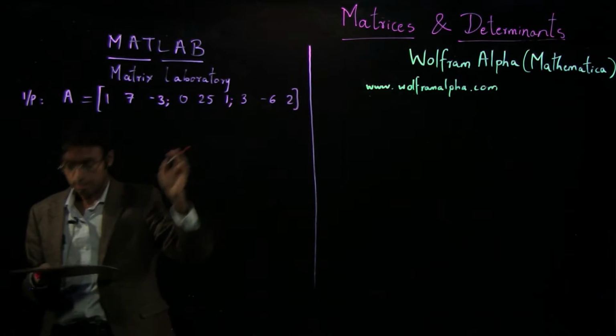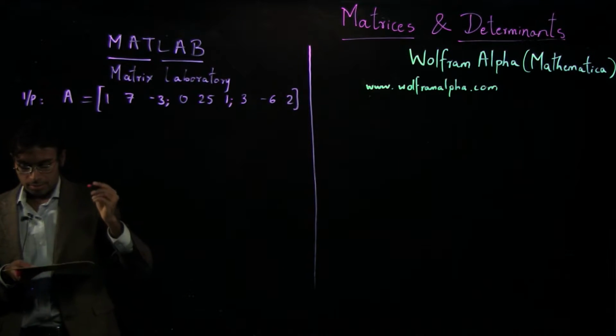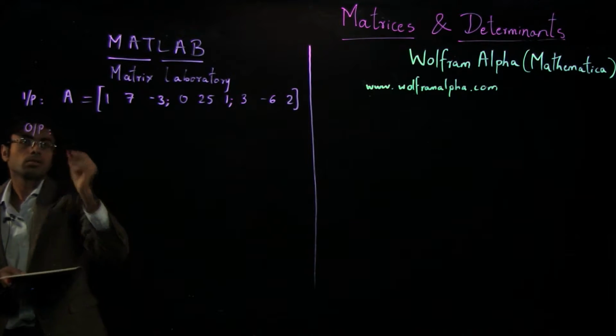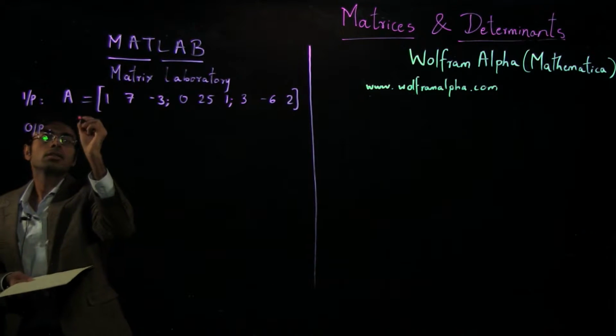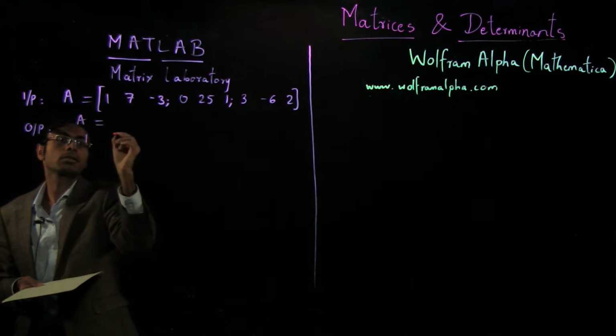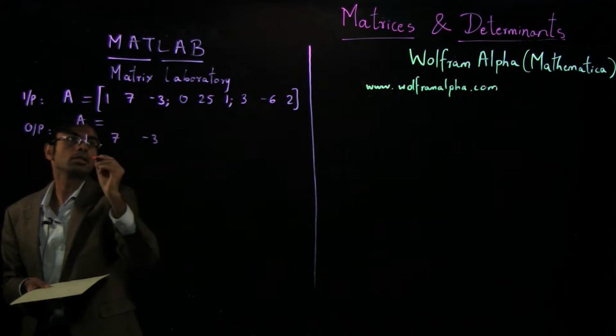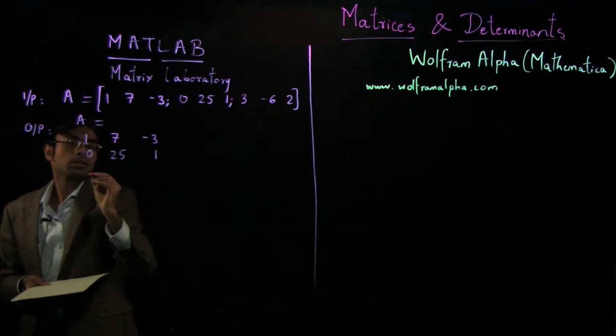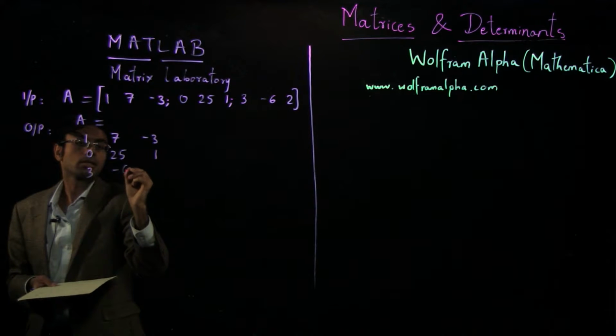And you hit enter, and the output will appear as A equals, and on the next line you will see this matrix. So 1, 7, minus 3, 0, 25, 1, 3, minus 6, 2.